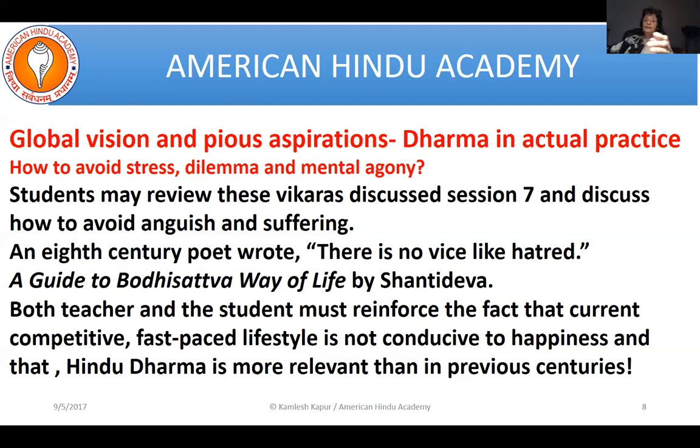Shatam is 100. So you may live to see 100 autumns. So just in 3 words. Similarly, these are aspirations. You may do this. You may have good fortune. Mangalam bhavatu.